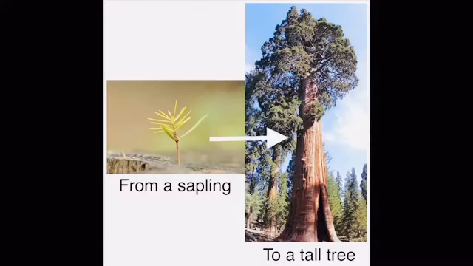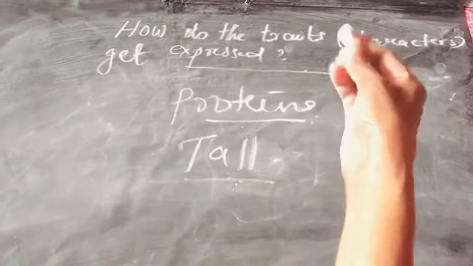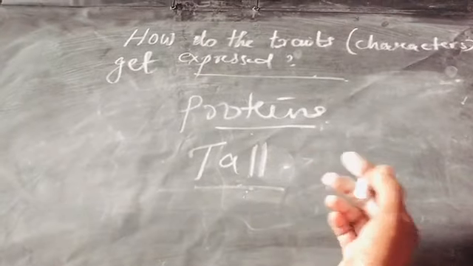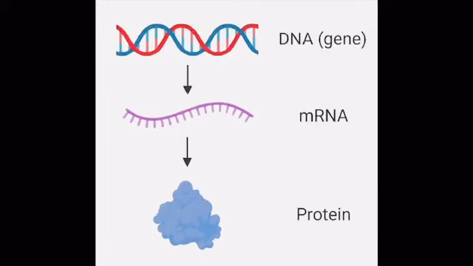In such cases, tallness is the characteristic. Tallness is the trait, and this tallness is brought by the protein. A particular protein was made by the ribosome according to the instruction in the mRNA, and that was made according to the instructions in the DNA, that functional DNA gene.